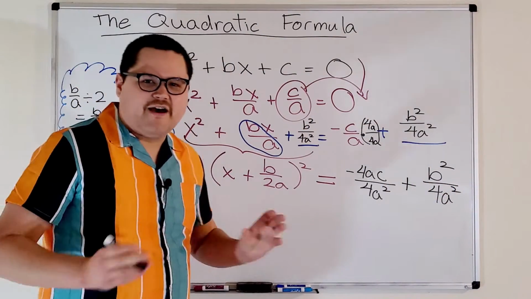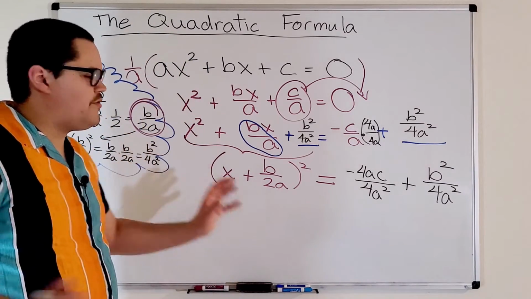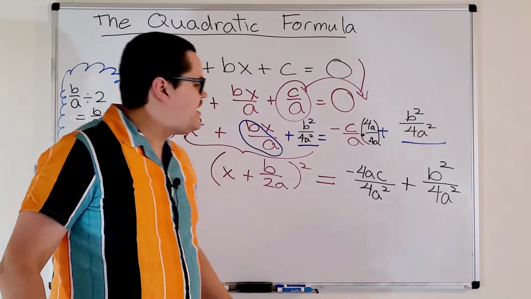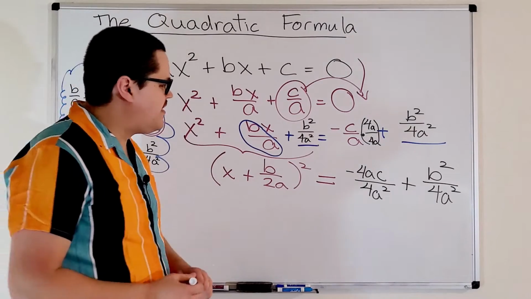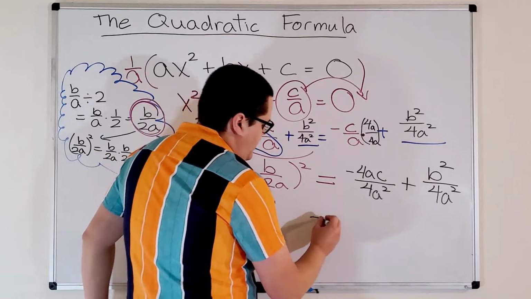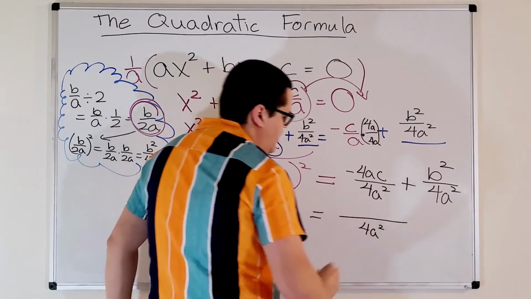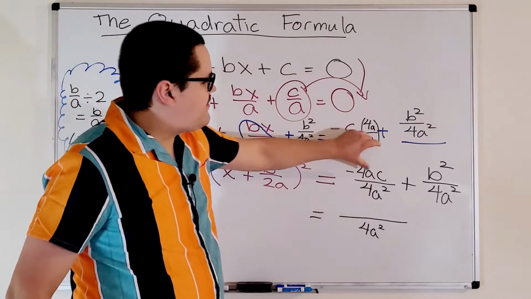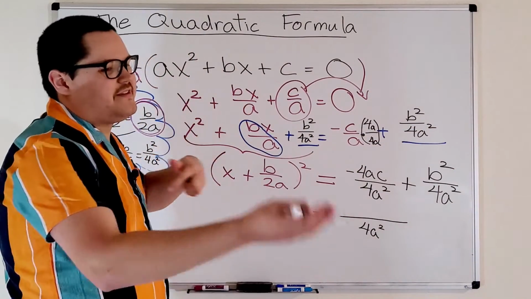And now that we have this common denominator, we can combine both those fractions together. We can write both of them over the same denominator. So upstairs we'll have negative 4ac plus b squared, but it's more traditional to write that the other way around.